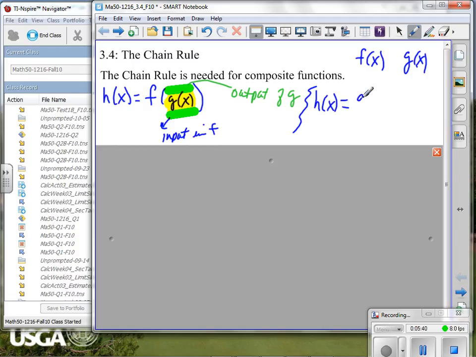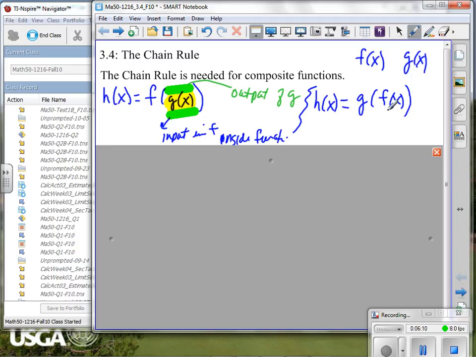Yeah, we could have g of f of x. Now, talking about these composite functions, I do think of them as the inside function versus the outside function. So in this case, not only do I see g of x as the input, I also see it as the inside function. And so this would also then be the inside function.